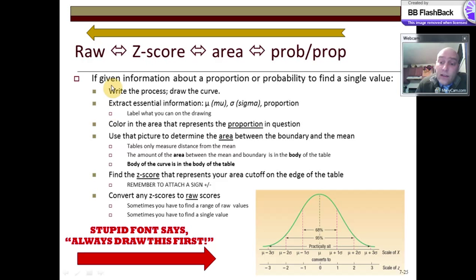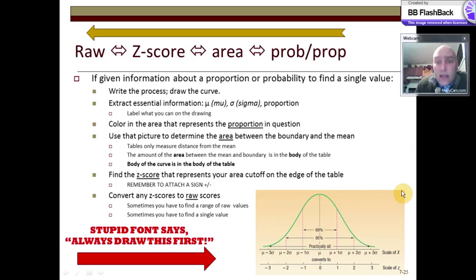In this case, instead of labeling stuff across the axis down here, you're likely to draw one of these lines and write in the area that's there. Or if it says, let's say, cut off the top 5%, you're going to draw some line over here, say that 5% of the area is in the tail that you cut off, meaning 45% is between the mean and where you cut off the tail.